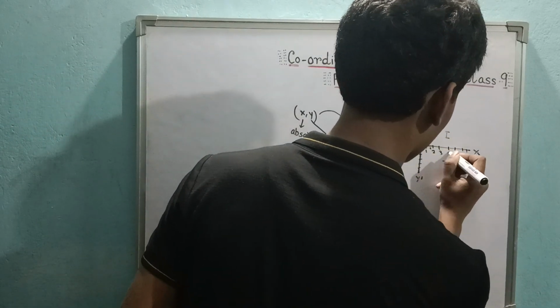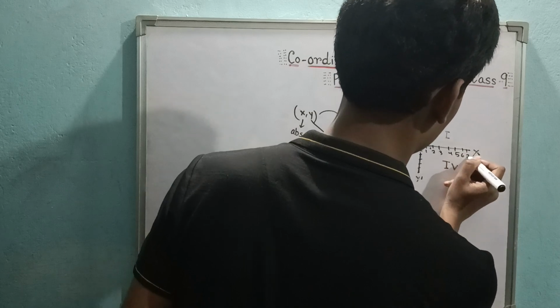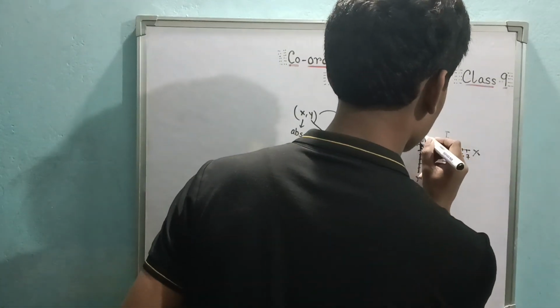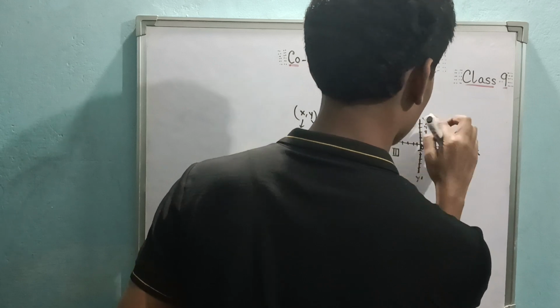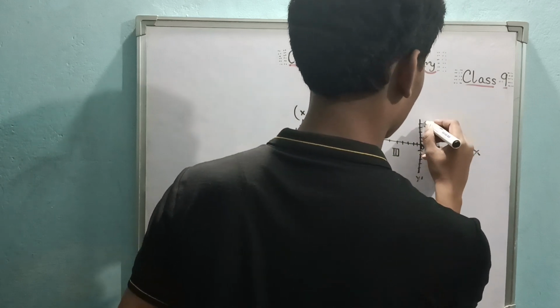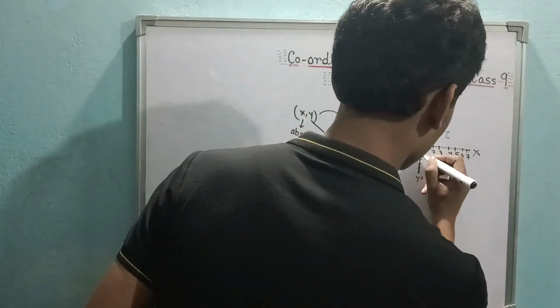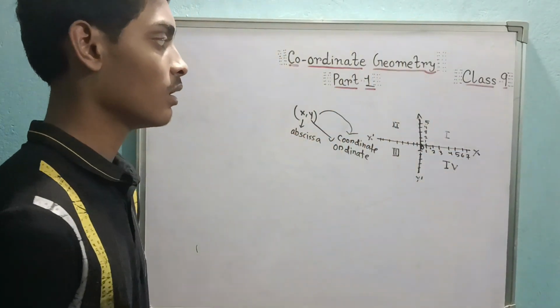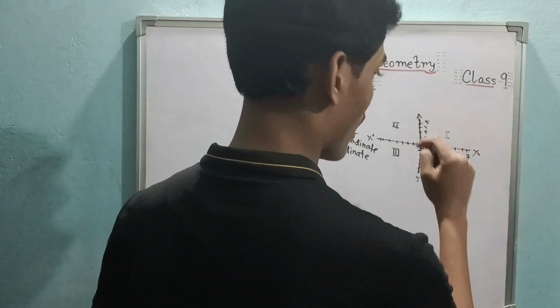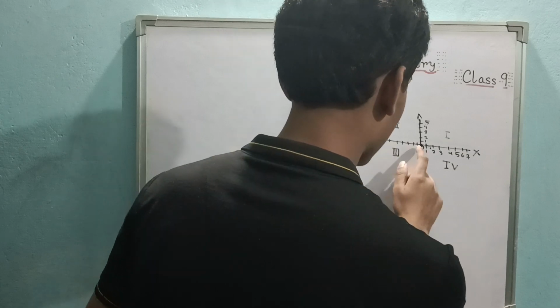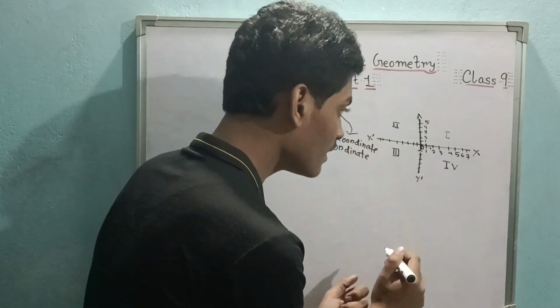1, 2, 3, 4, 5, 6, 7. Here also 1, 2, 3, 4, 5, I drew it small. For this x, y, both sides are positive. For this line x dash, these are negative values.